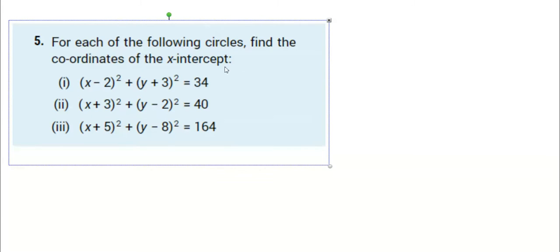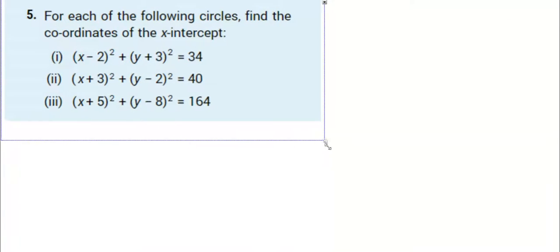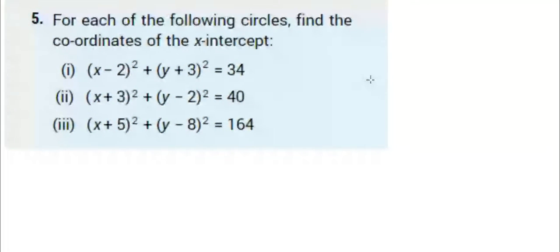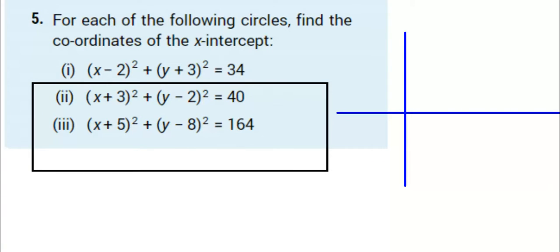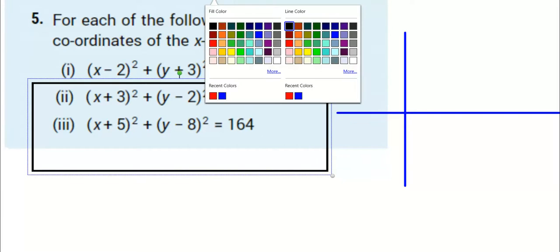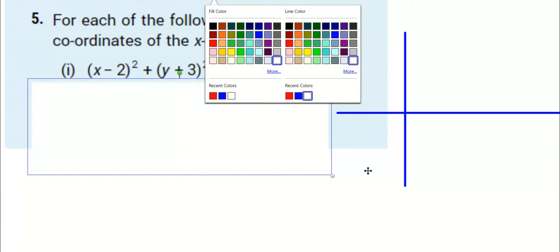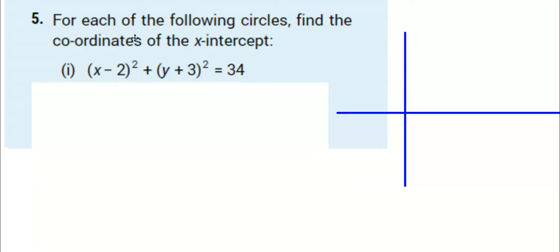Now, question 5 is a bit more difficult. I'll give a rough diagram for you. You don't have to do the rough diagram, but you get a gist for the answer. If you're really desperate in an exam, you could always try and draw it out and see where it crosses. Here you go: x minus h.